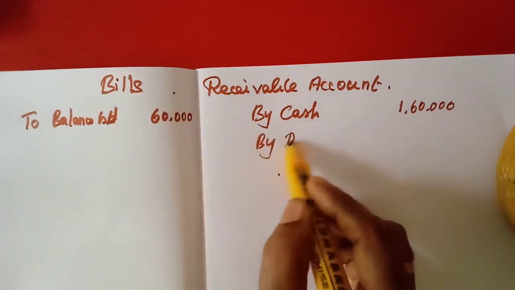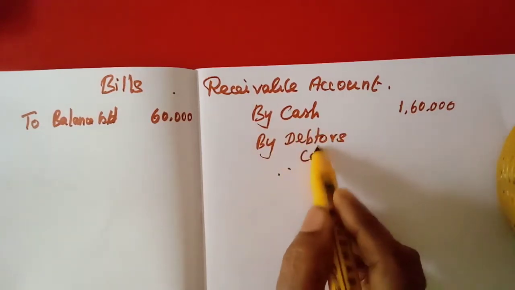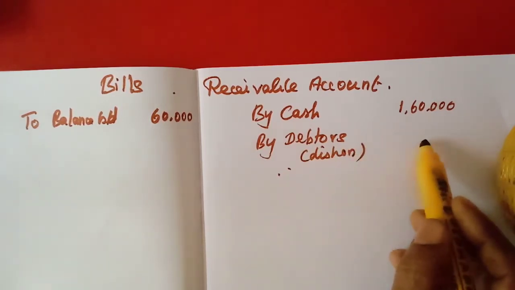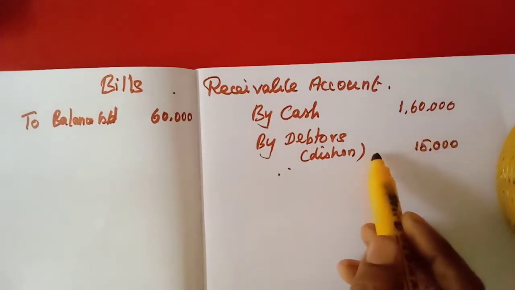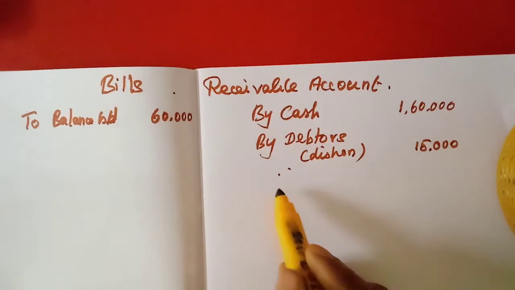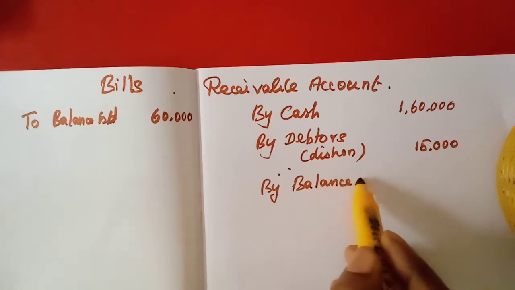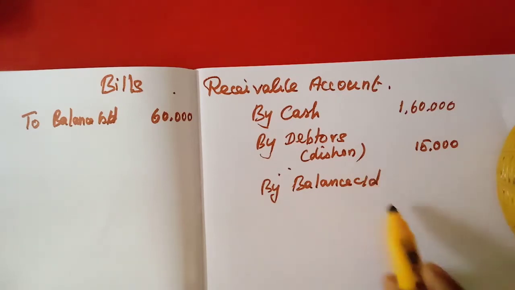So by debtors account, here dishonor, 15,000. Then returns inward will not come. Then bills receivable closing, by balance carry down, bills receivable closing 90,000.